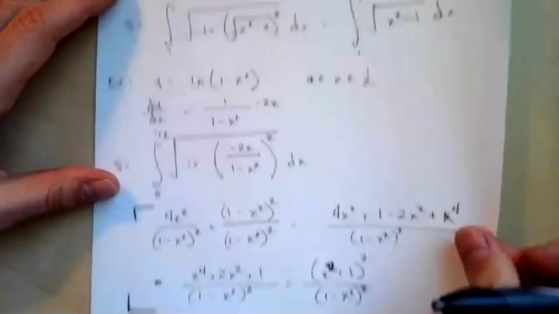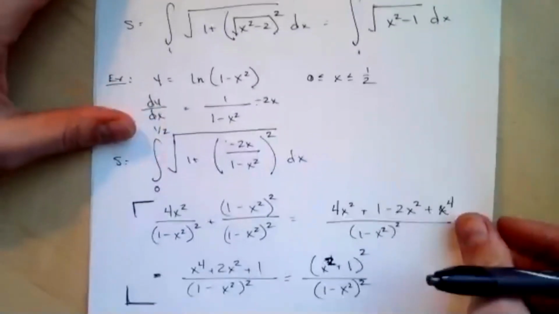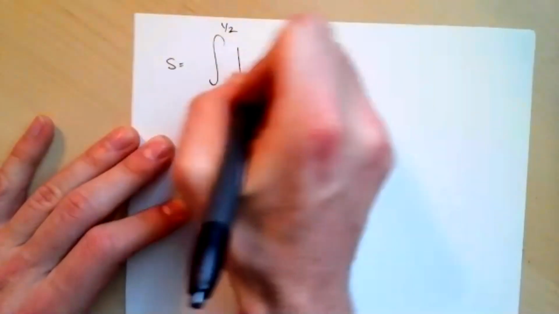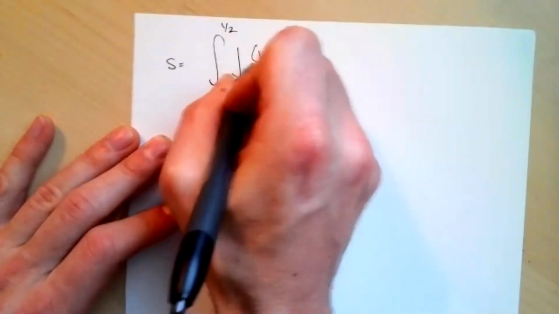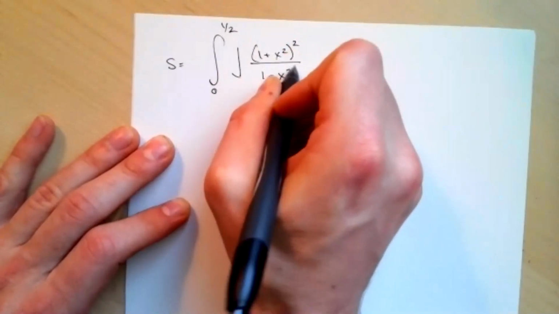And now, nicely enough, that was the term underneath the square root here. We'll have square root of 1 plus x squared squared over 1 minus x squared squared.